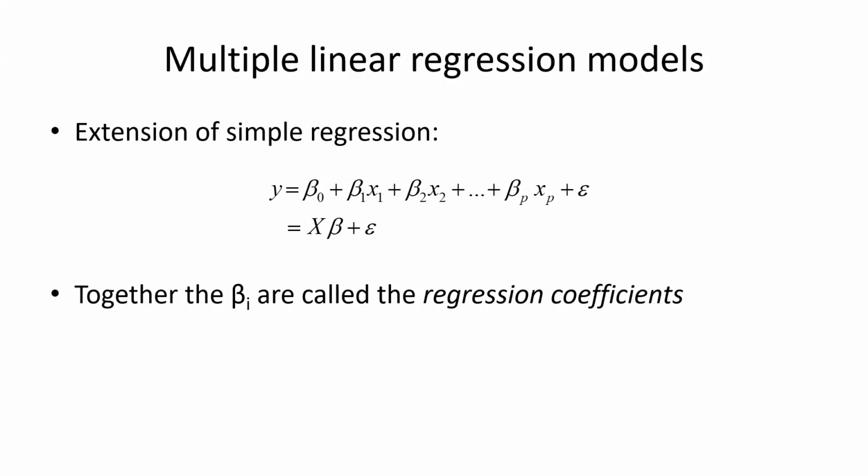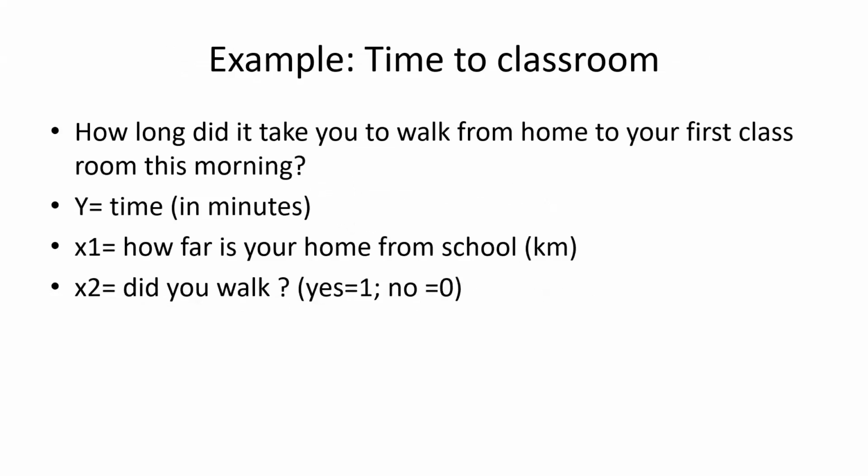I sometimes find it's easiest to just look at a little example to fix ideas. And here I have one. I asked in a previous class, how long did it take you to walk from home to your first classroom this morning? Where the response is the time measured in minutes. And we have two variables.